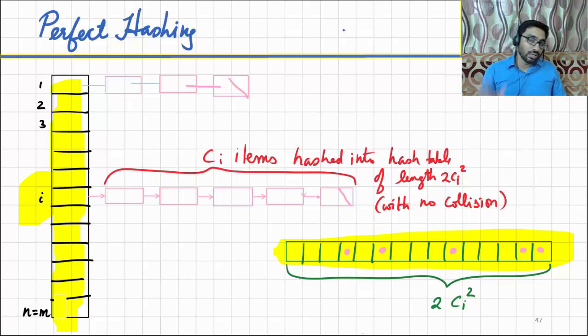So we take that hash function and again hash the same item, and that will give us a location inside this second table, and that could be either empty or contain the item that we are looking for. So the query time, it's clear, is O of 1.